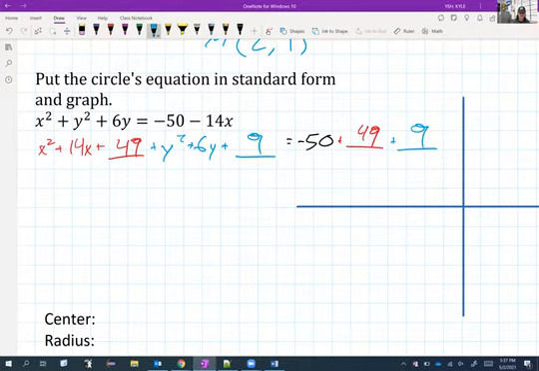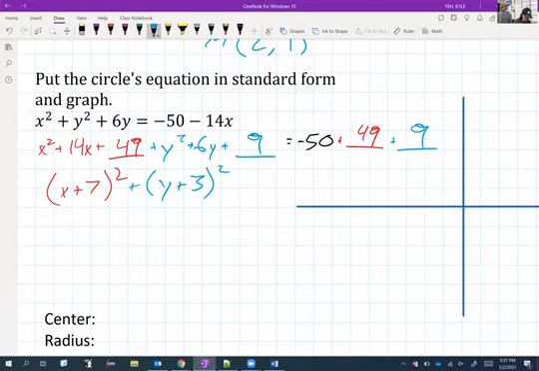I need to do that. So, okay, that means (x plus 7) squared, that's my perfect square, plus (y plus 3) squared, that's my perfect square, equals, looks like 8, if we work that out.